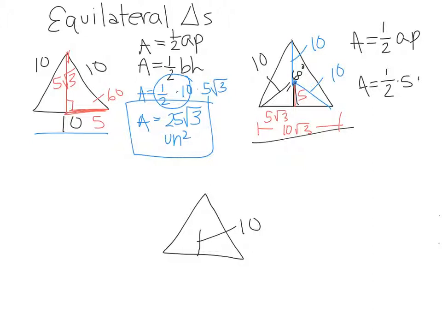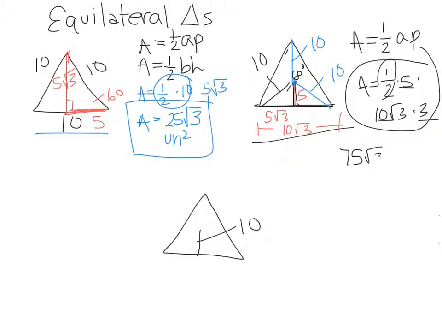The perimeter is going to be 10√3, and there are 3 of these, so it's 10√3 times 3. To clean this up, 5 times 10 is 50, 50 times 3 is 150, divided by 2, because that's 1/2, is 75√3 units squared. So you could have a side length, you could have the radius be 10, or you could have the apothem be 10.